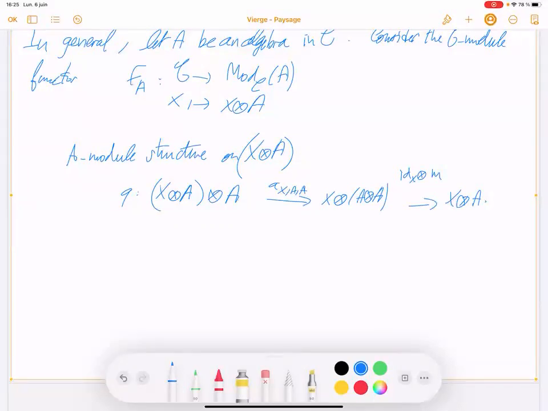But we can write here directly, in fact. So Q is this composition. Q equals identity X tensor M composed with the associativity constraint.